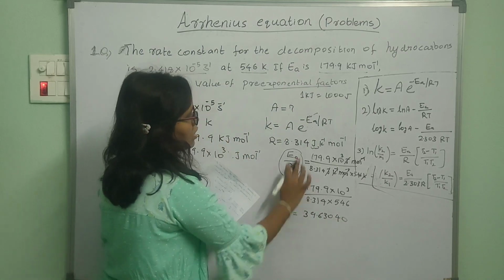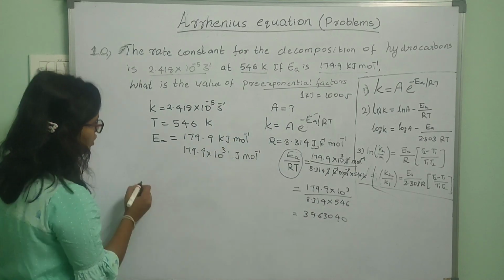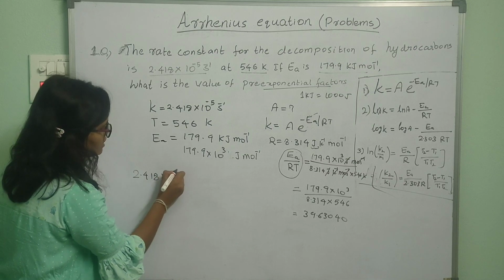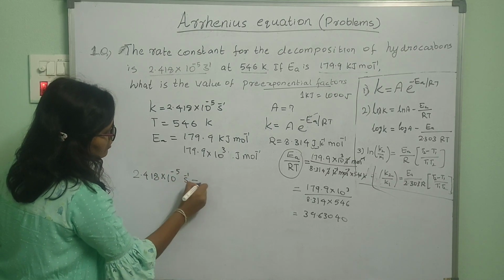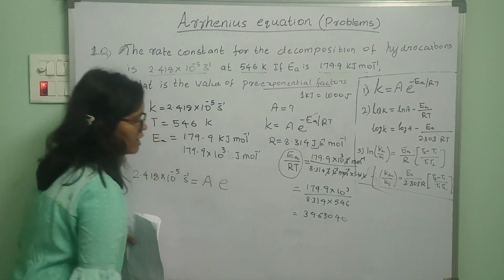Now I need to put this value in this equation. Here I know what K is, that is 2.418 × 10^-5 second inverse. We need to find A, and here we have e to the power.